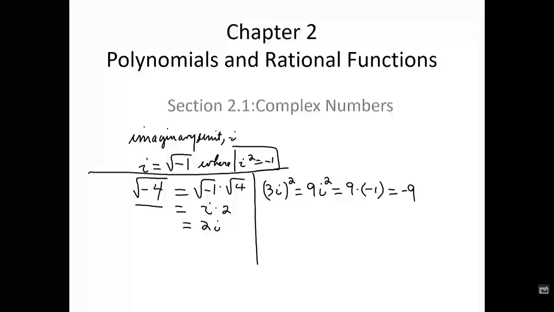So now we're ready to define what we mean by a complex number.